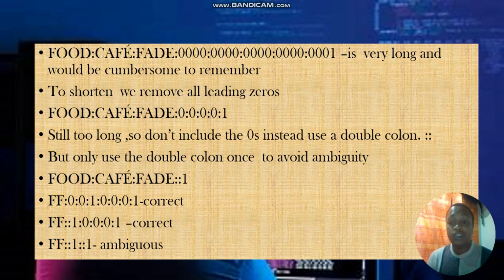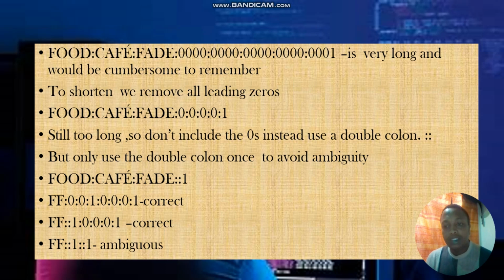You can represent them with just one 0, but then it would also be long to just put zeros with the colons, and they are not necessarily representing what we would call significant hex digits. So we need to shorten this further.